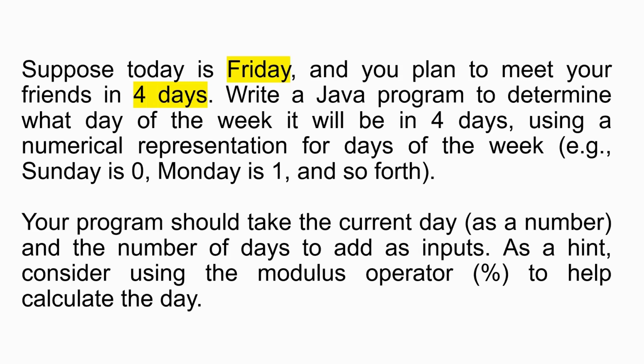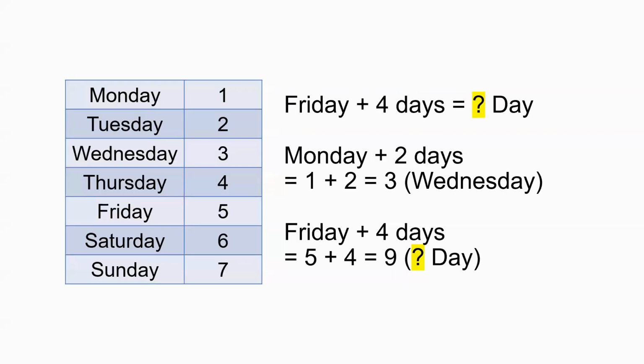But that would be a little bit complicated if we were going to convert everything into Java. So now let's look into how we're going to solve this. Let's start by representing all days with numbers. In this case, I represent Monday with 1, Tuesday with 2, and finally Sunday with 7. And remember, our question is, if today is Friday, which day would it be if I'm going to meet my friends in 4 days' time?